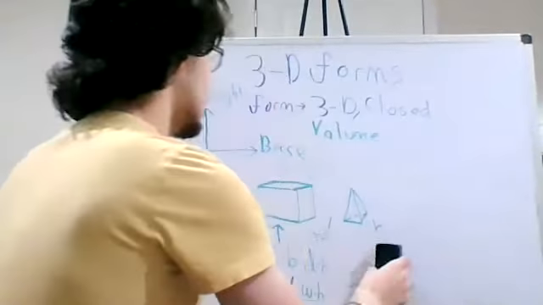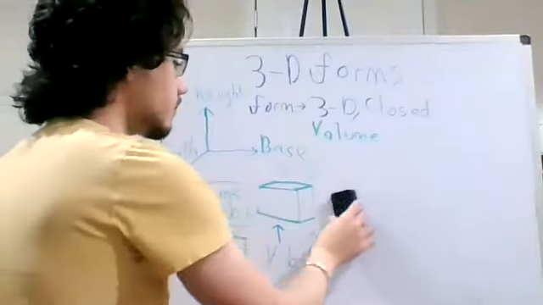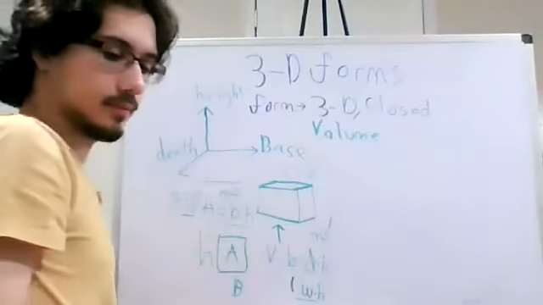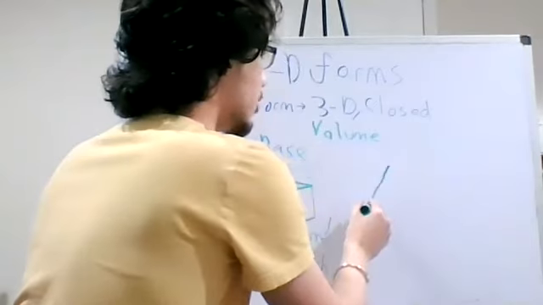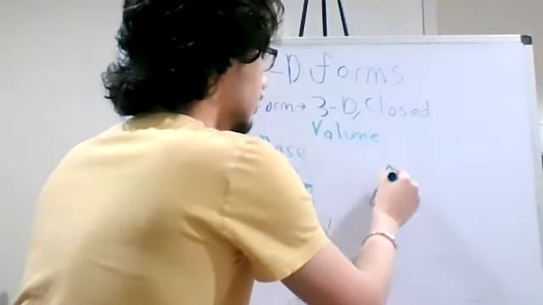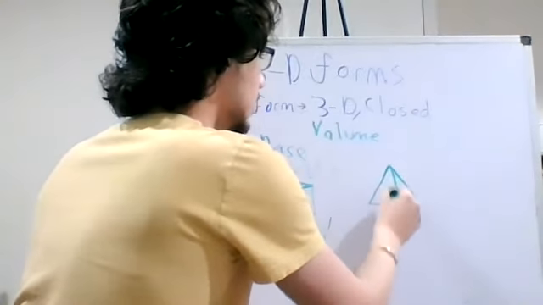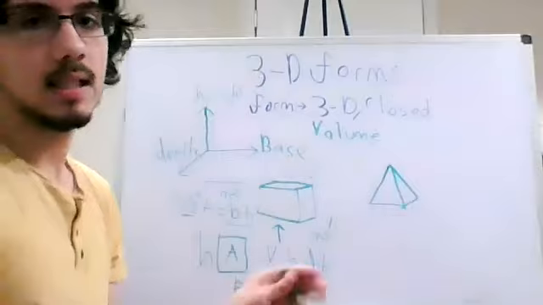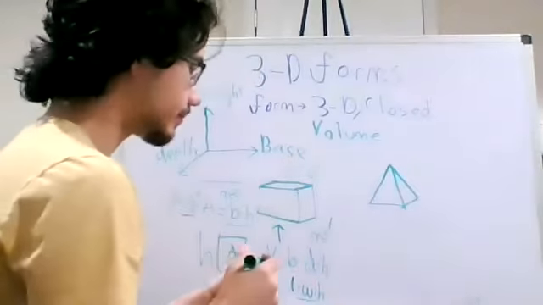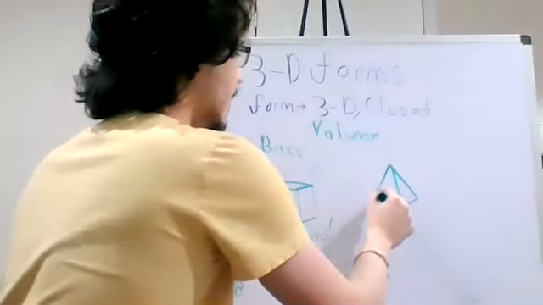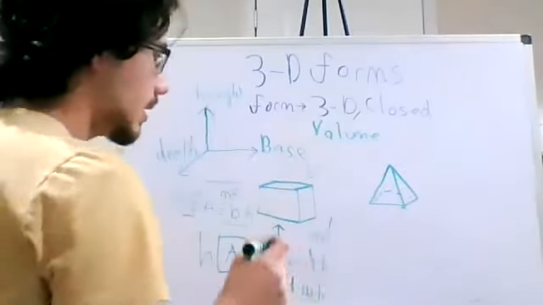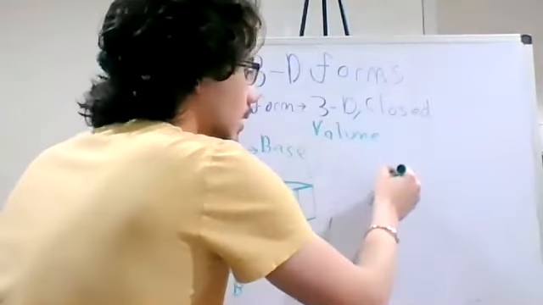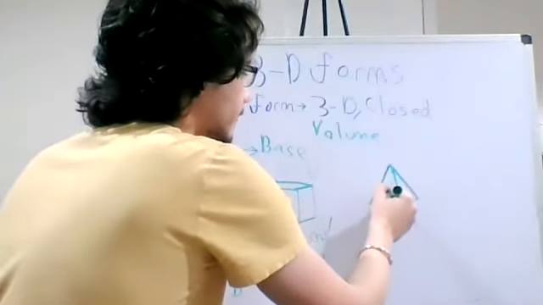So now we can talk a little bit about pyramids. So a pyramid is decently simple. The best example of a pyramid would be to use a square pyramid, because that is the most famous and likely the most basic one.